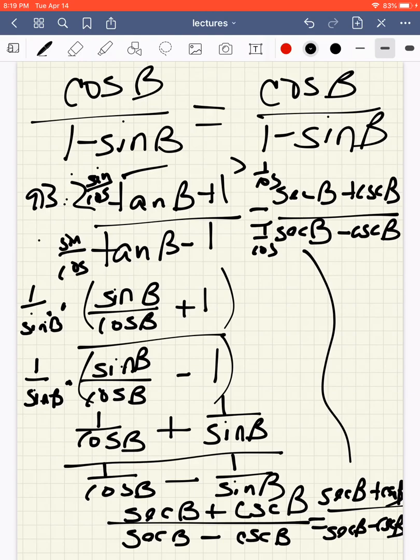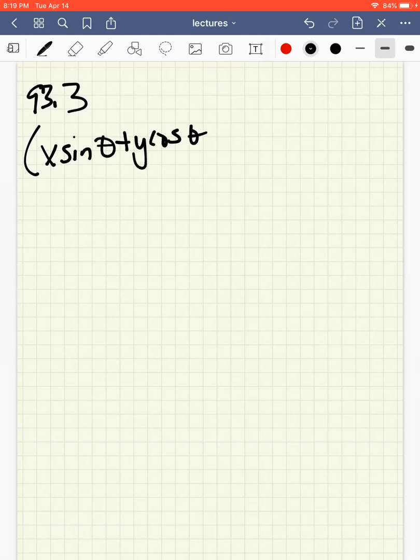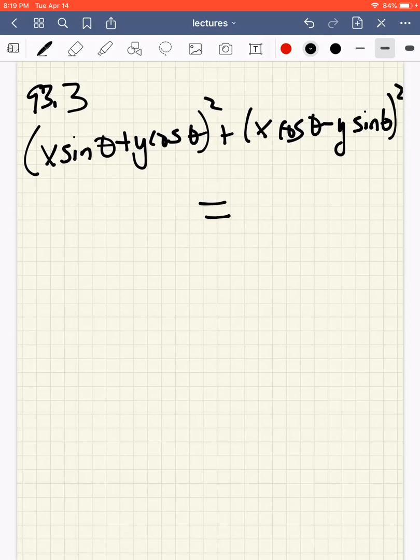All right. The next one, I think it's easier than these because it's really a no-brainer. It just gets really long. It says, show that x sine theta plus y cosine theta, quantity squared, plus x cosine theta minus y sine theta, quantity squared, is equal to x squared plus y squared.